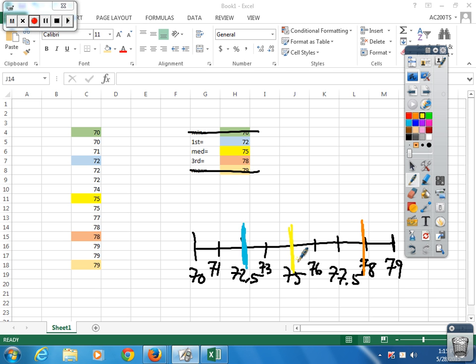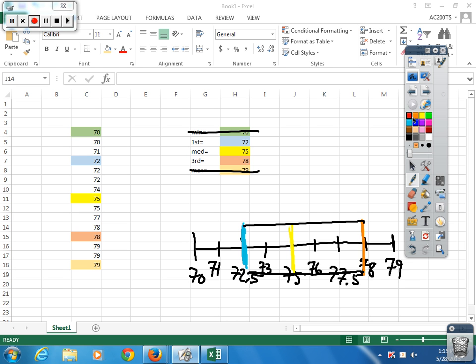I'm going to take my black marker. So right now your median is falling on your center, isn't it? So that means your data is kind of tight. And it also means it looks like a little bit more of your data is over here.